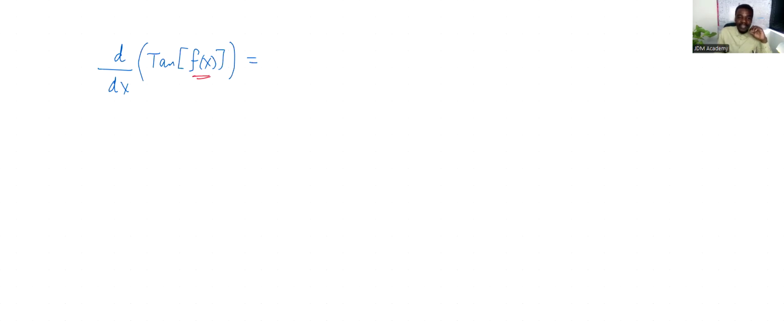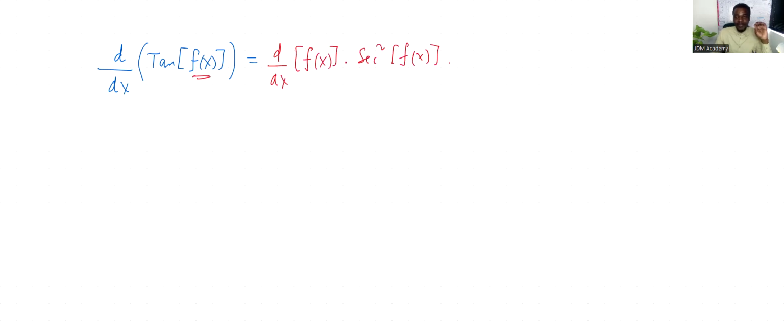Once we have the derivative of f of x, then you multiply by sec squared f of x. Yes, that's how you differentiate tan of a certain function.